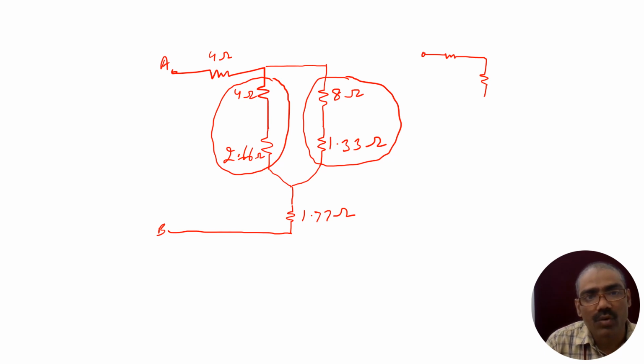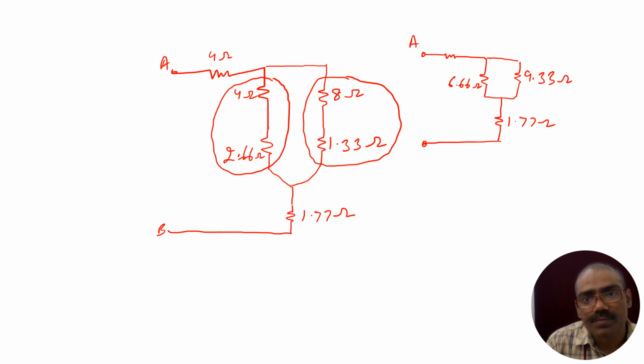So here the value will be now 6 ohm resistance, and here 9.33 ohm resistance, and again these two resistances will be connected with 1.77 ohm resistance.